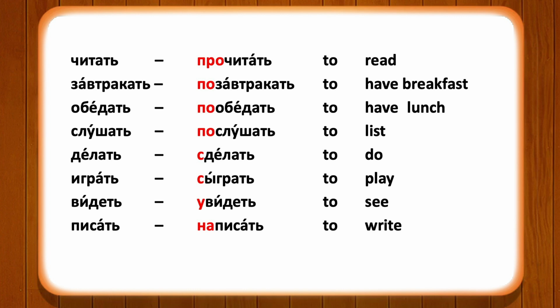Let us again revise the perfective and imperfective aspects of these verbs which are formed by adding a prefix. So, chitach, prachitach, zaftrikach, pazaftrikach, abhyedach, pabhyedach, slushach, paslushach, jielach, zjielach, igraj, sigraj, vidit, uvidit, pisach, napisach.